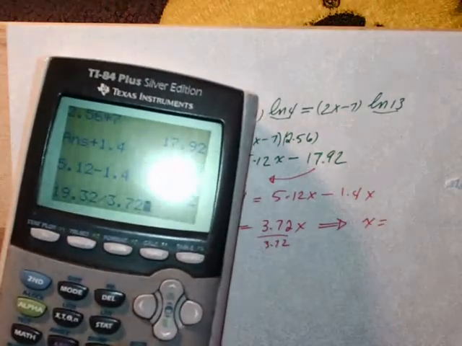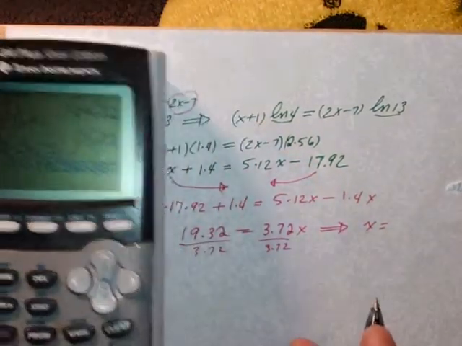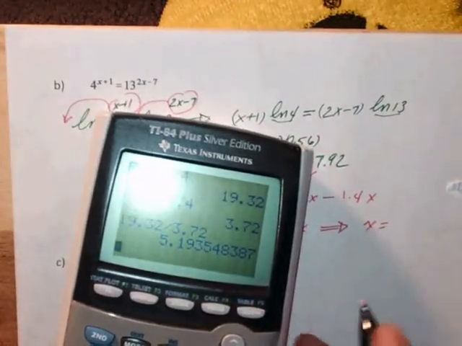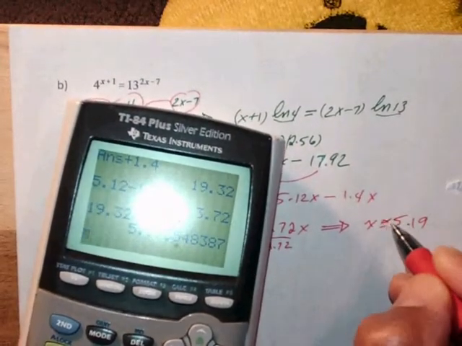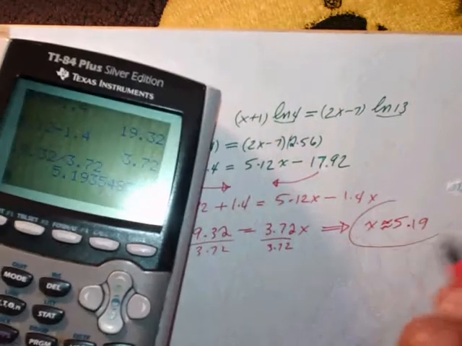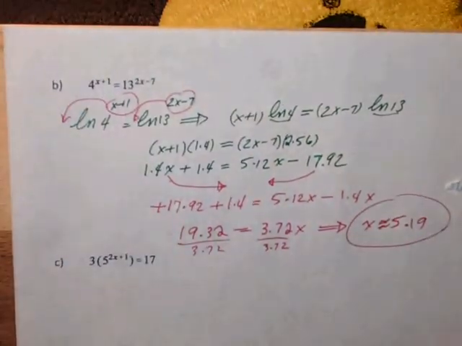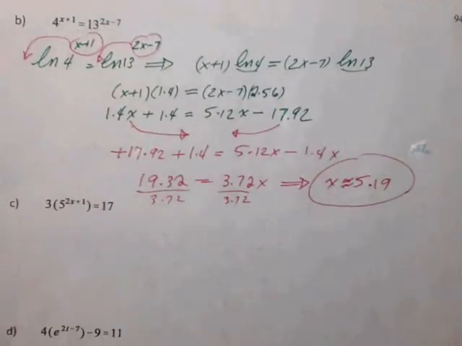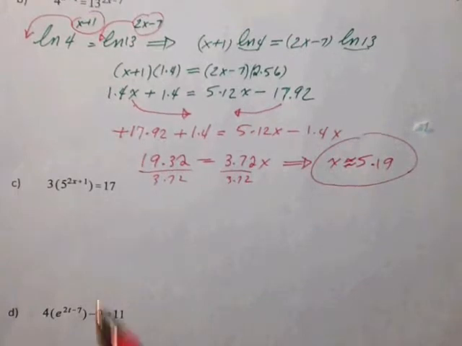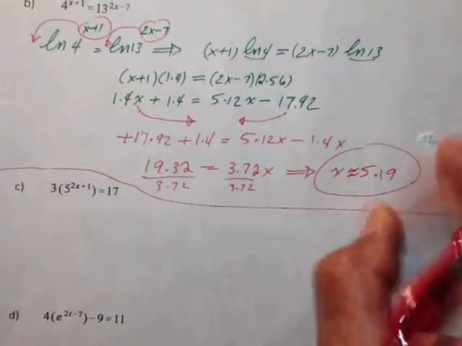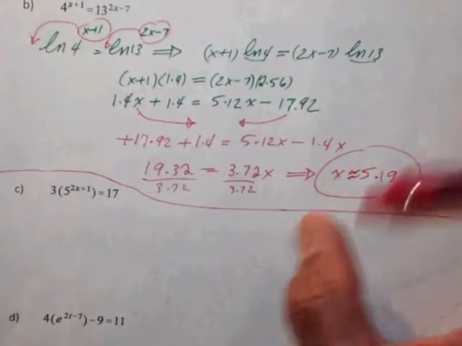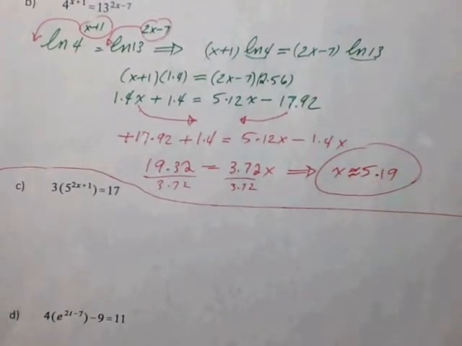So if I push enter, I get 5.193, which I would say is approximately 5.19. You see, this is an approximation. So if you didn't get it, just play this video as many more times as you need to, to repeat and see what I've done.